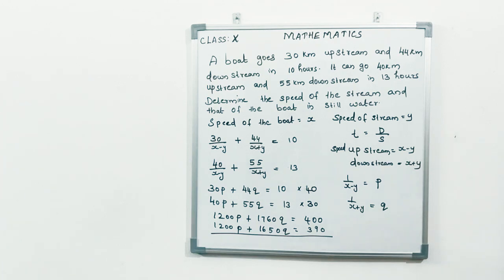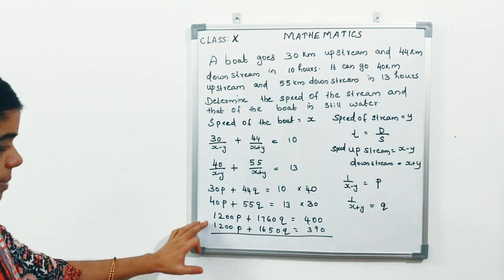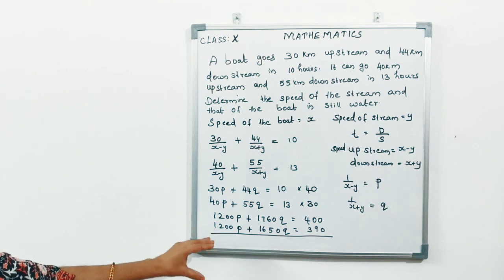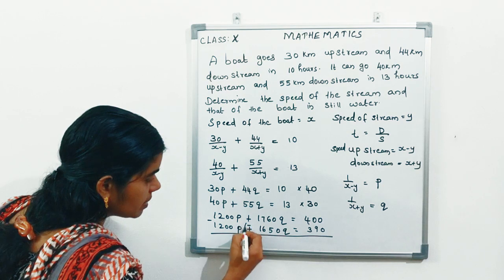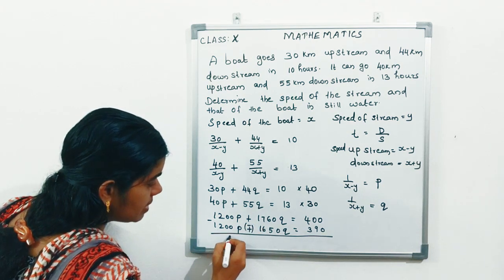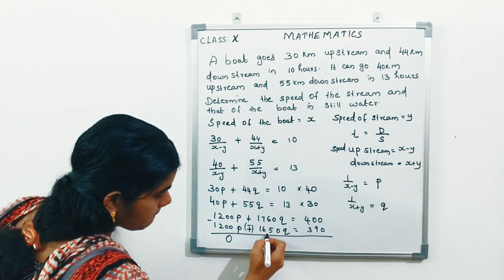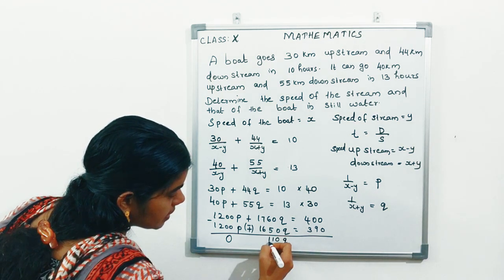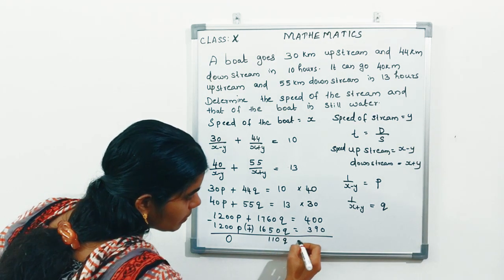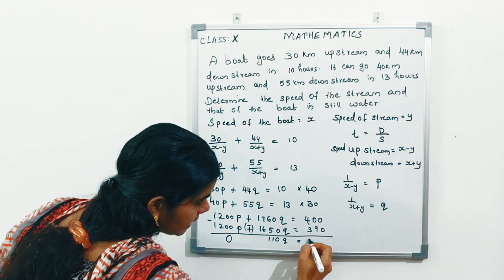Then only can we eliminate: 1200 minus 1200 is 0, so p will be eliminated. Subtracting, 110q is equal to 10.